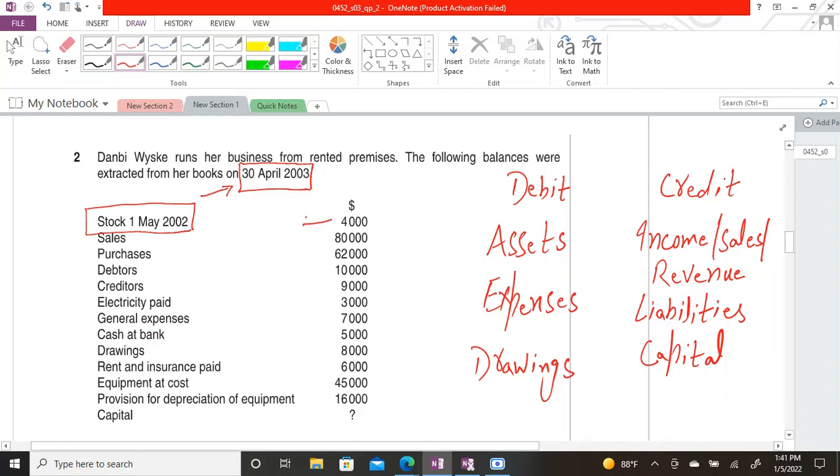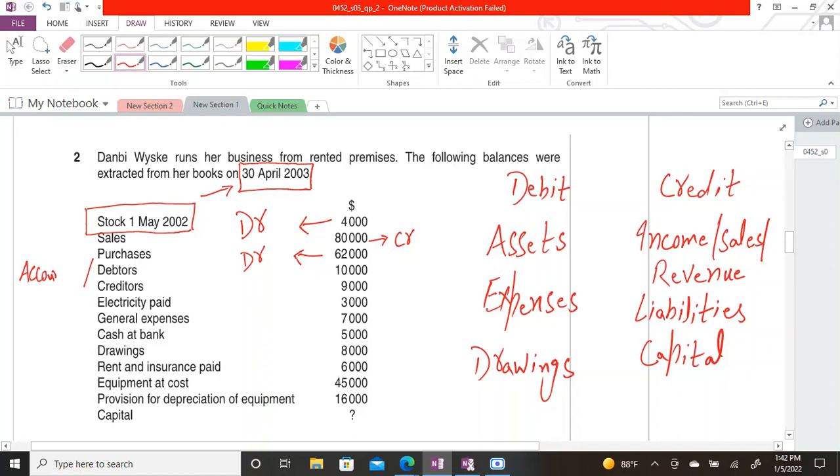So our stock, this is our opening inventory. This will be debit in the trial balance on the debit side. Sales is income. So sales will be on the credit side. Purchases, the goods bought by the business for the purpose of resale. So this is also an expense.